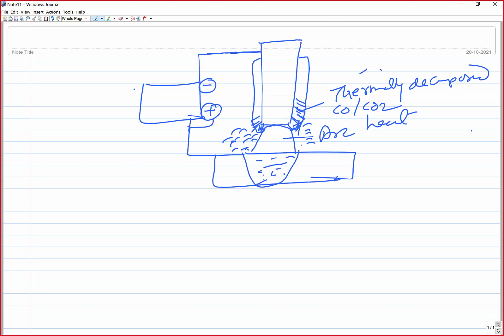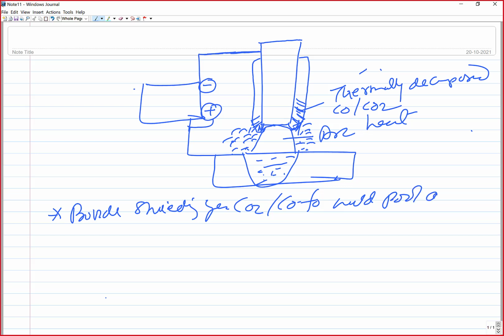So the first role or function of the coating is to provide shielding gases in the form of CO2 and CO to the weld pool and arc, because if atmospheric gases, oxygen and nitrogen, get into the weld metal, they will form oxides and nitrides, etc. They will act as inclusions, porosity, etc. So we want to expel all these gases, and this role is performed by the flux coating.